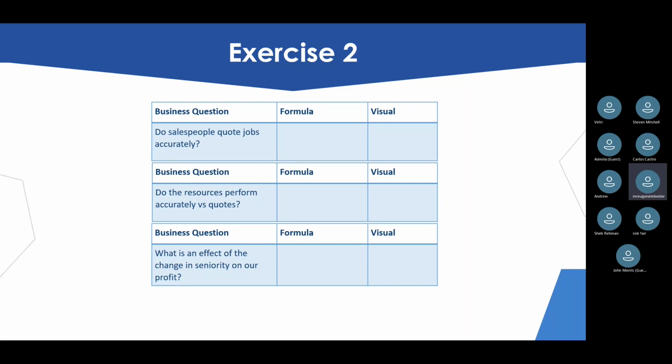The second question is whether resources perform along the expected number of working hours, and also what is the effect of the seniority change on the profit. Especially for service-based companies, you get most of your profit by a combination of expensive and less expensive resources. So ideally you want a low proportion of expensive working hours and a high proportion of less expensive working hours. Let's break each of these down.